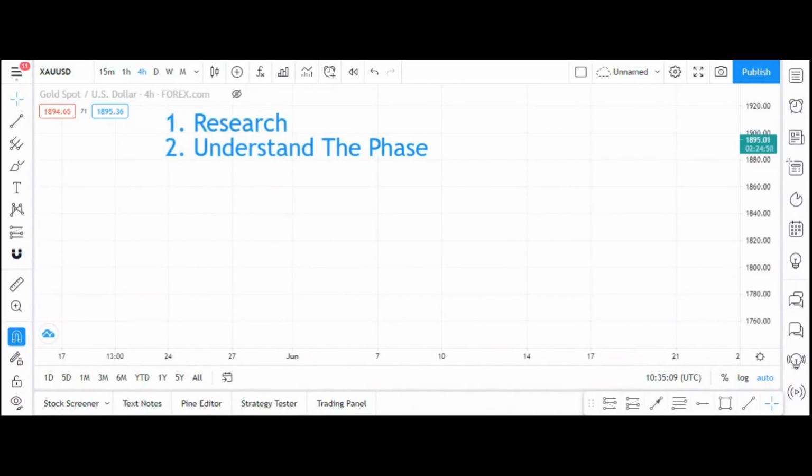Start buying. Even if it continues falling, I start buying because I'm accumulating more.